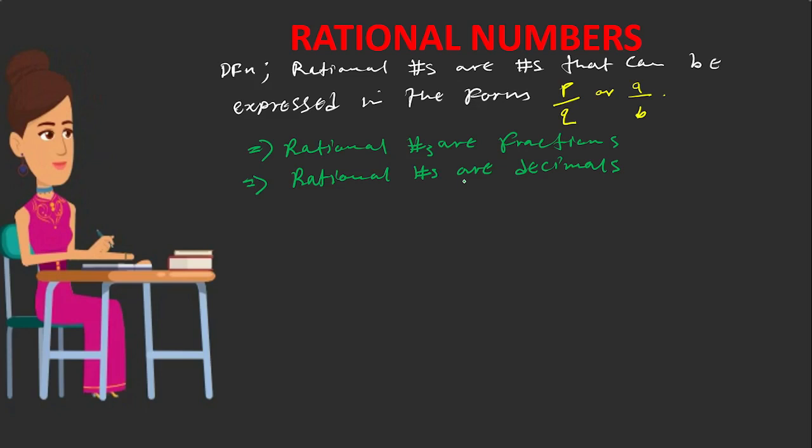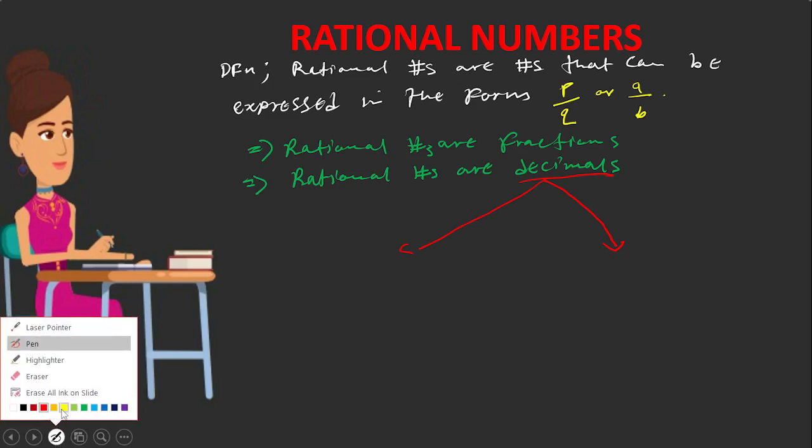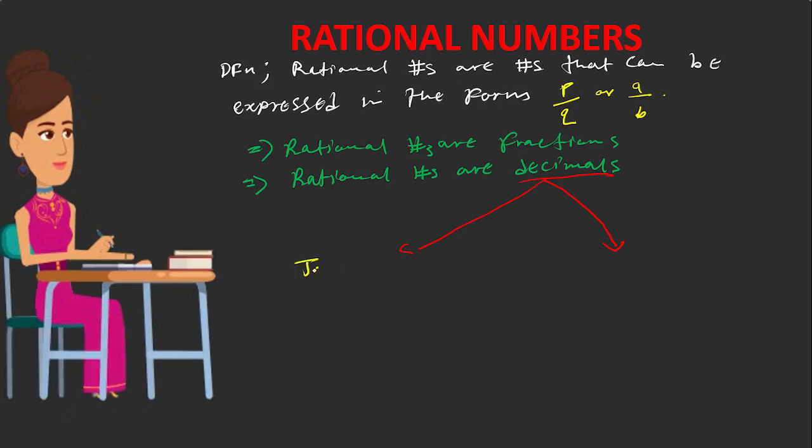When you talk of decimals, you need to understand that we have two types of decimals. They can be classified as recurring decimals and non-recurring decimals, or as terminating decimals and non-terminating decimals.